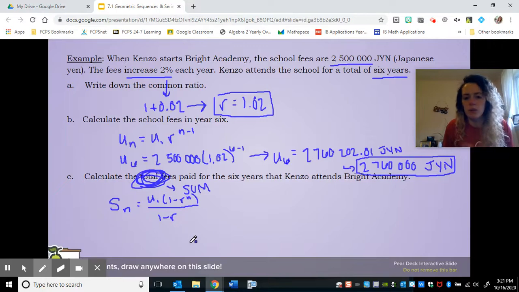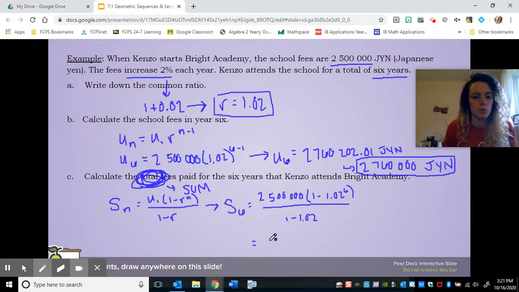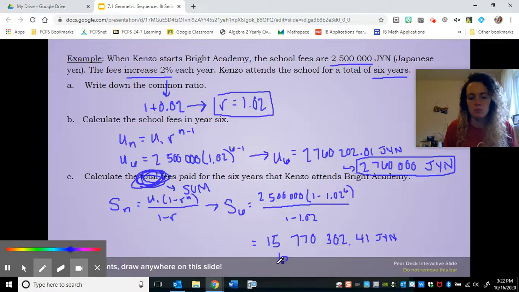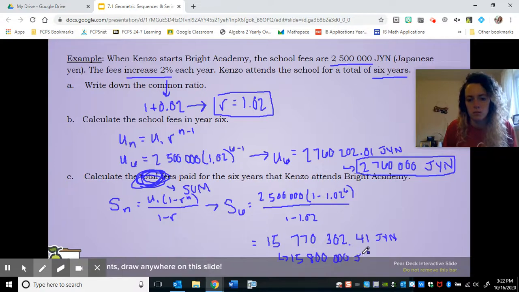Again, it doesn't matter which one you use, but sub in what you know, and then work some calculator magic, and you get that they paid a total of 15,770,302.41 Japanese yen. And again, to 3 significant figures, I would leave this as 15,800,000 Japanese yen.